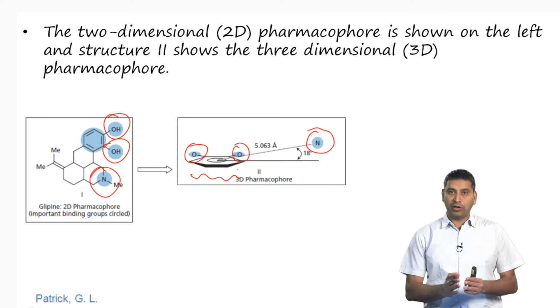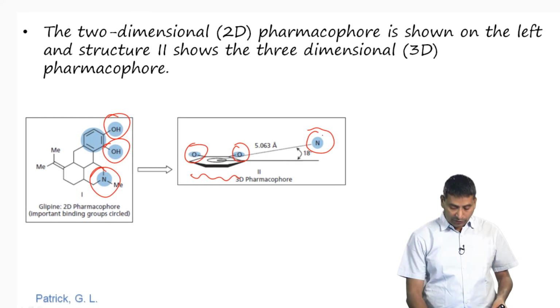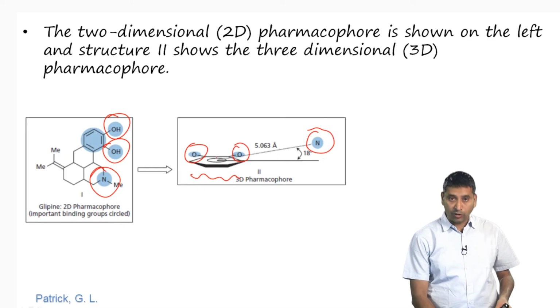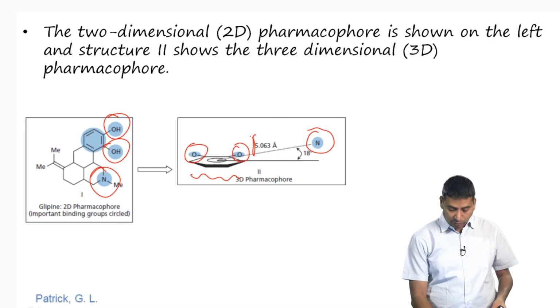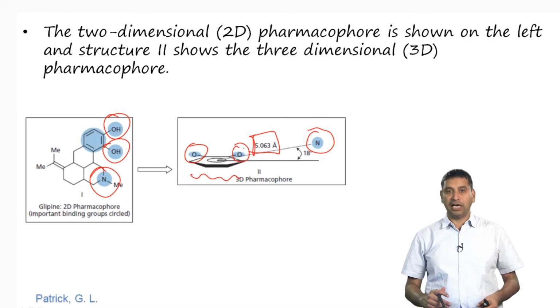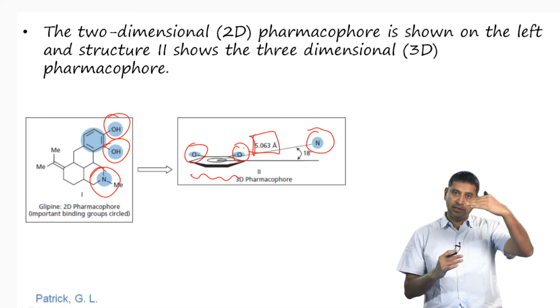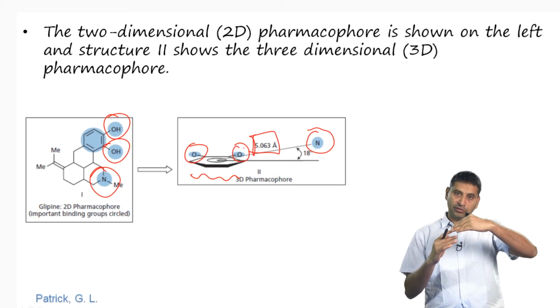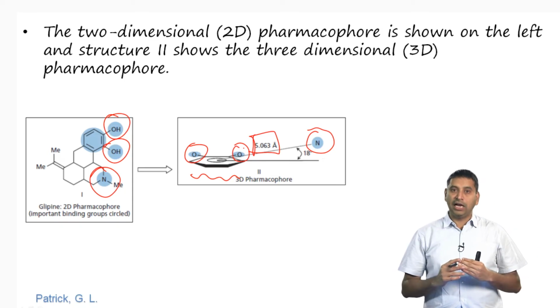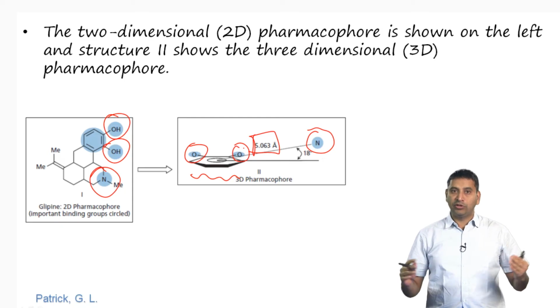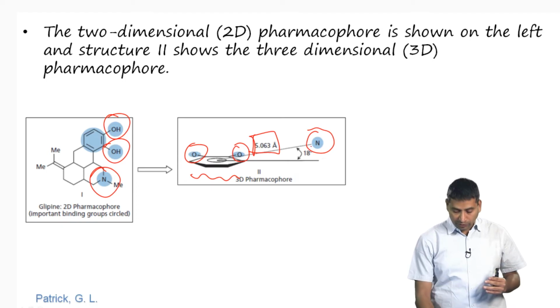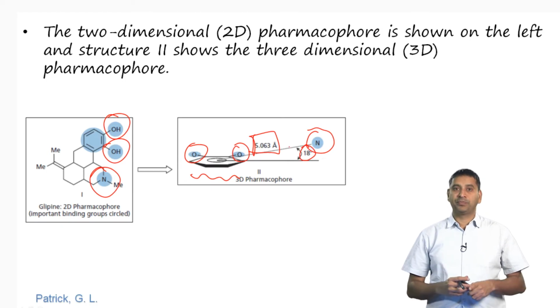If we were to measure the distance between the nitrogen group and the center of the aromatic ring, this turns out to be 5.063 angstrom. Okay. And because the compound is not planar, the nitrogen group is bent out of plane, and if you measure the angle at which this nitrogen is present, it turns out to be around 18 degrees.